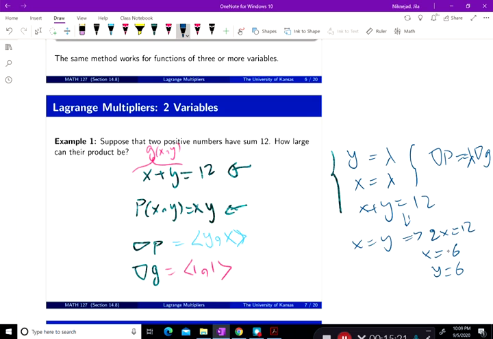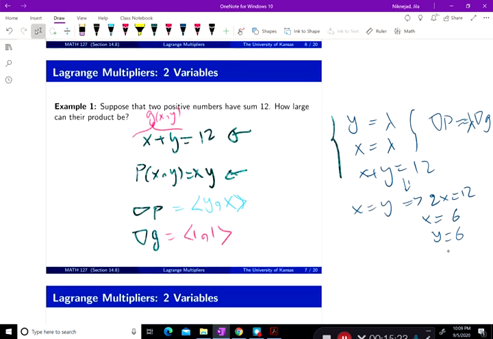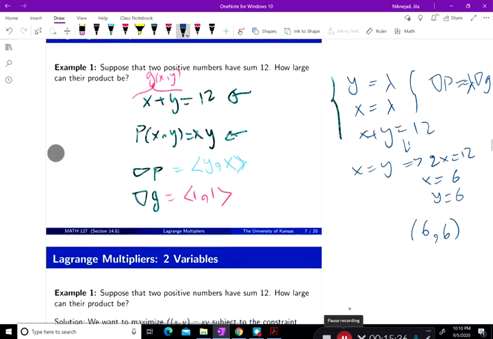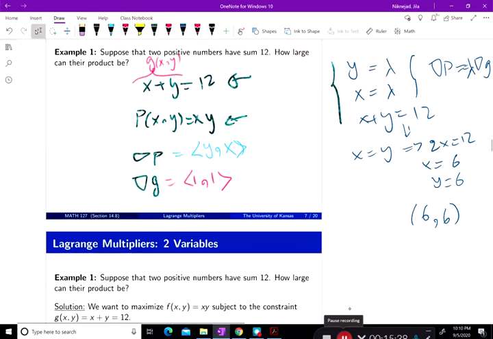The only point that we got is x and y equal to 6 and 6.